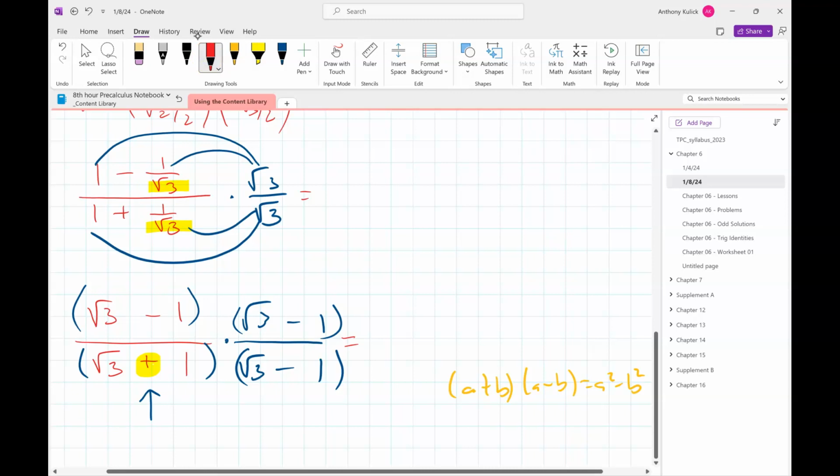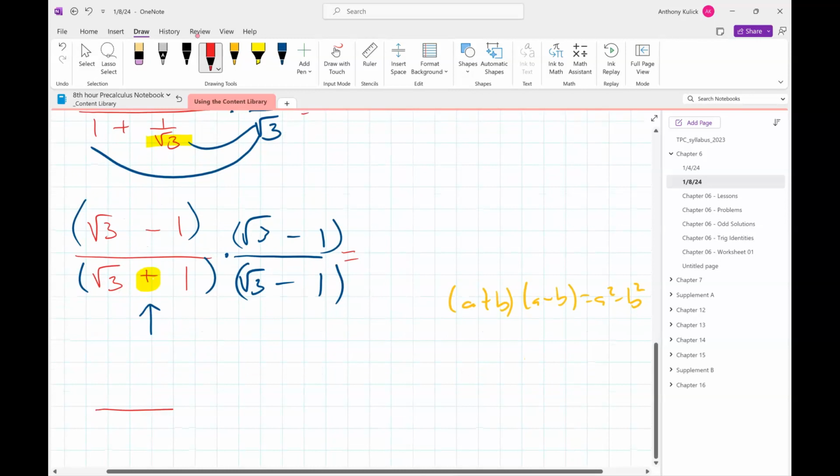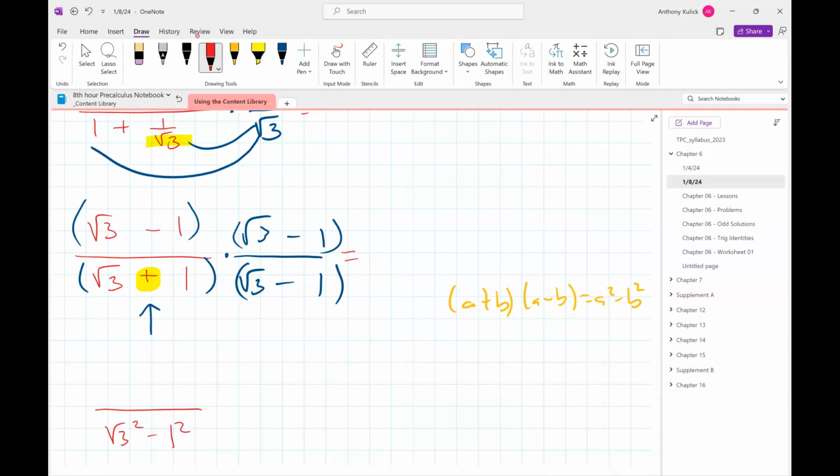I have an a plus b times an a minus b, which I can just shortcut to a squared minus b squared. Now, you could FOIL it out also if you didn't remember this pattern. But I remember it. It's a shortcut. I'm going to use it because why take the long way when you have a shortcut? And then let's FOIL out the numerator.